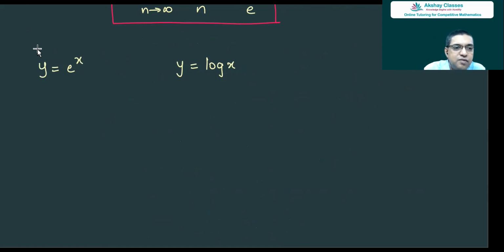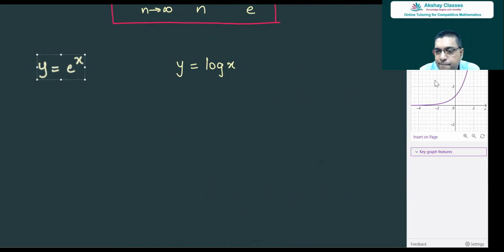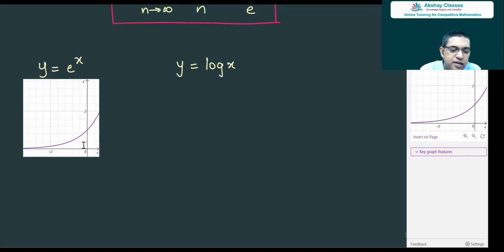So let's look at the graphs. Okay, this is the graph of e power x.